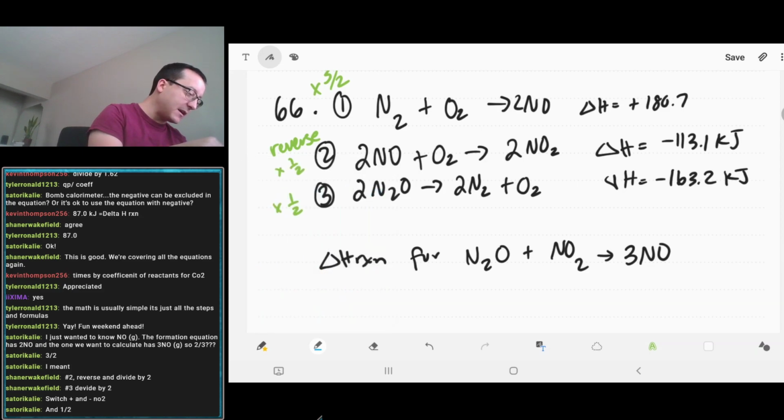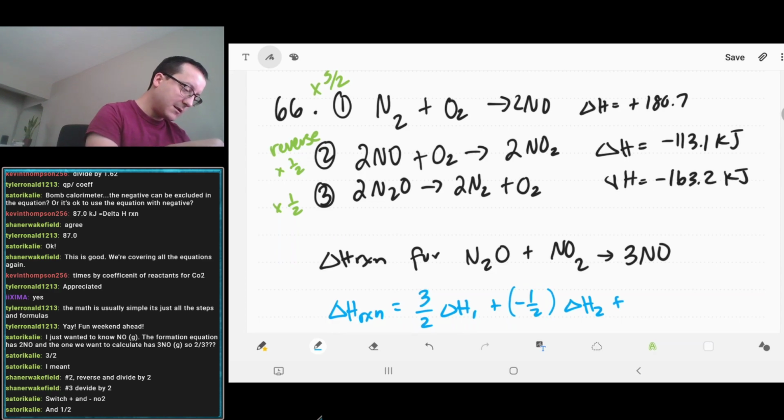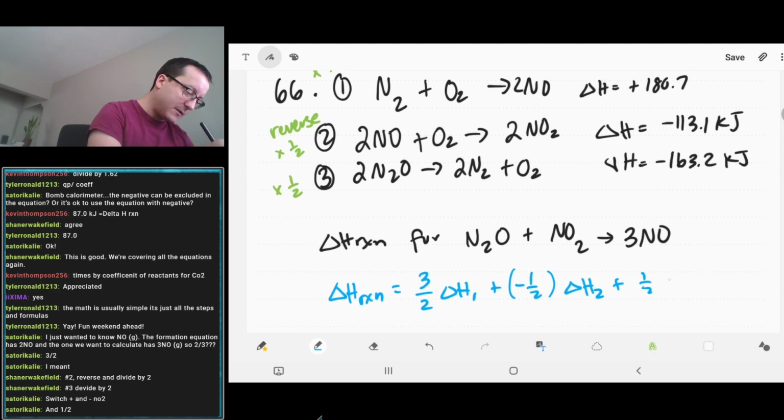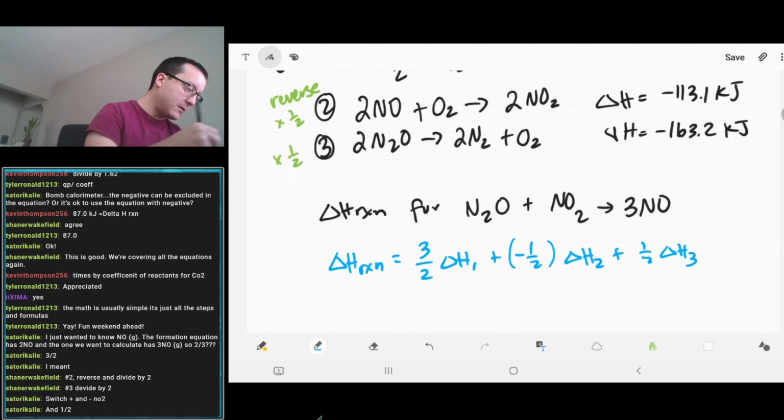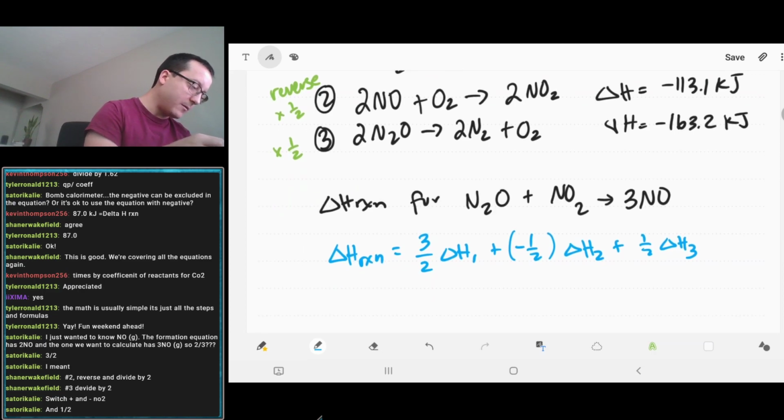So the total delta H, if we add all these up now that we've done our things, should be negative half times delta H2 plus half times delta H3. Did we have to reverse that one? No. Okay.